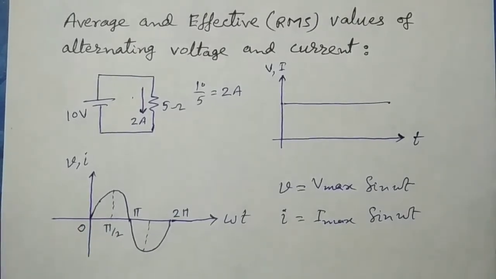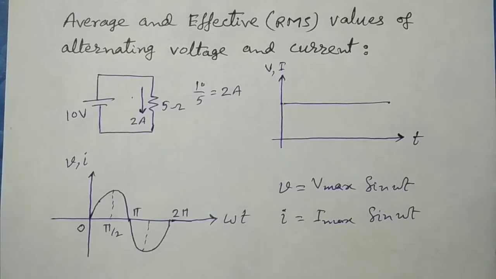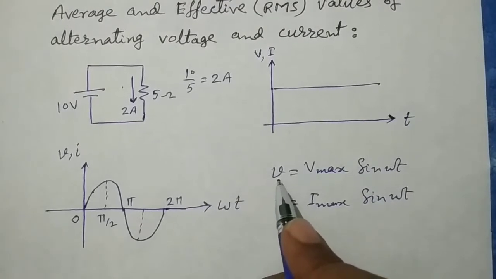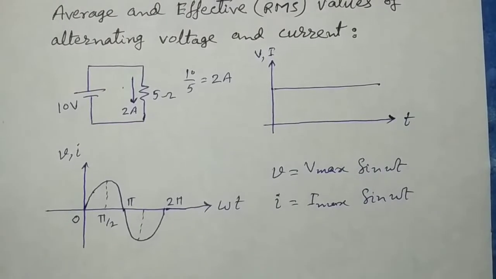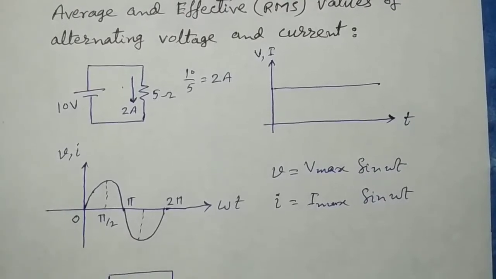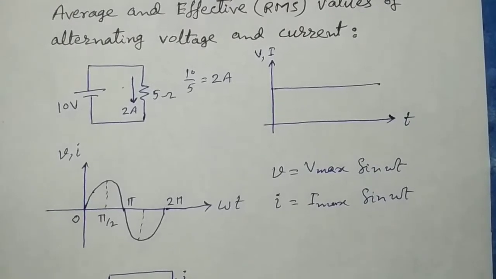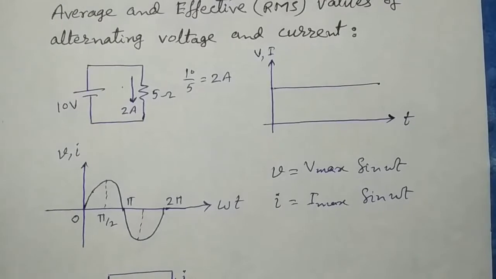So in this case, it is very difficult to find the magnitude for an alternating voltage or current, because if we consider the instantaneous values and connect the source across a load, then it will be difficult to identify what voltage or current is applied in the circuit.